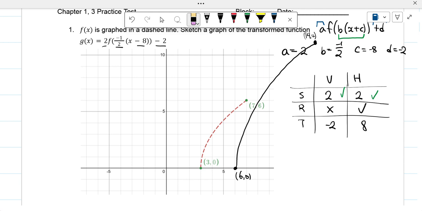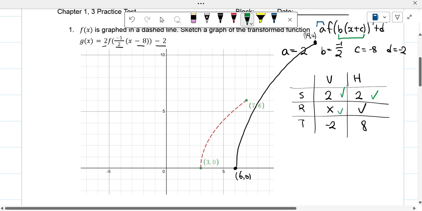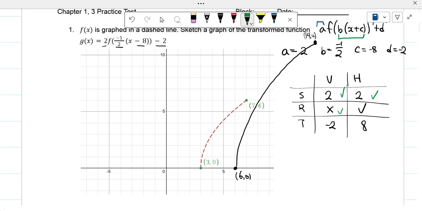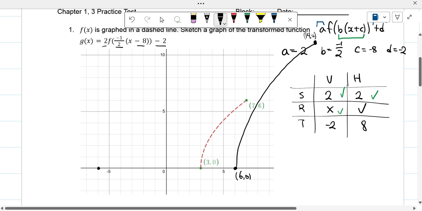Now let's do reflection. There is no vertical reflection, so we'll skip that. What about horizontal reflection? Horizontal reflection means that my x value is multiplied by -1. My (6, 0) becomes (-6, 0), and (14, 12) becomes (-14, 12), roughly here.